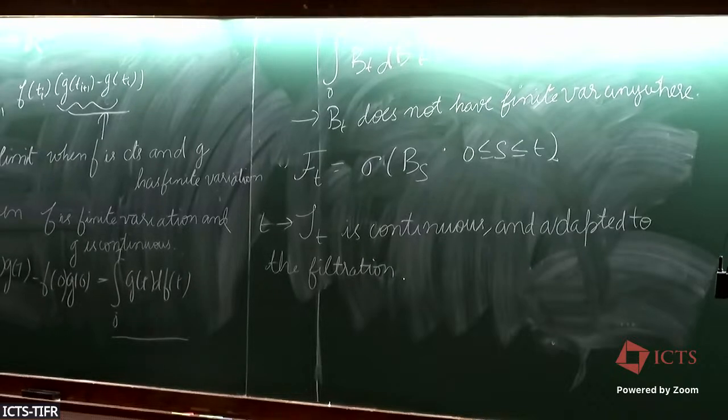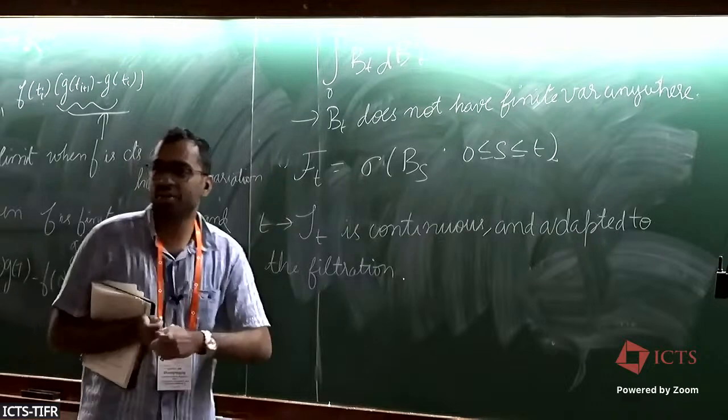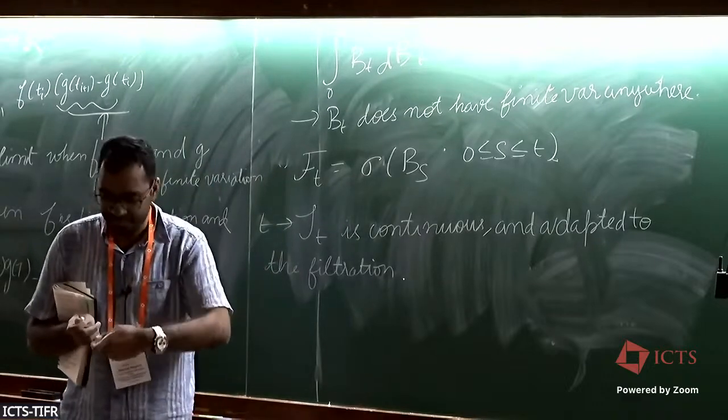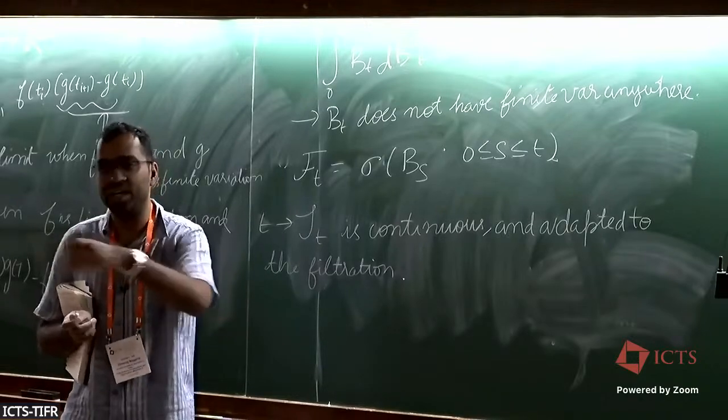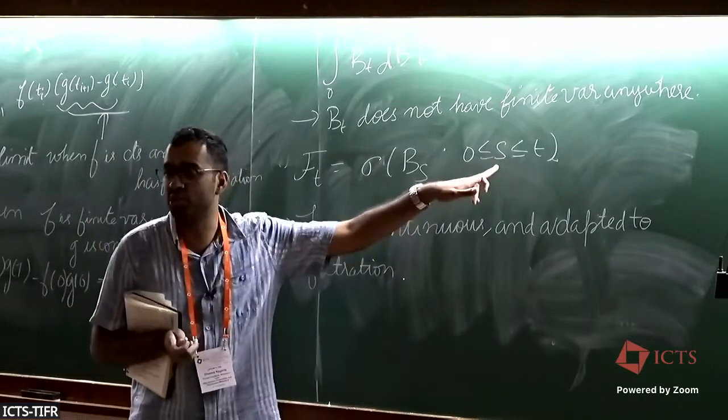Do you know what a sigma algebra is? Okay. So do you know what the sigma algebra of a random variable is? Correct. So it's a sigma algebra in this measurable space. So now you take all the finitely many marginals of the Brownian motion, let's say B_t1, B_t2 to B_tn, such that they all lie between 0 and t.